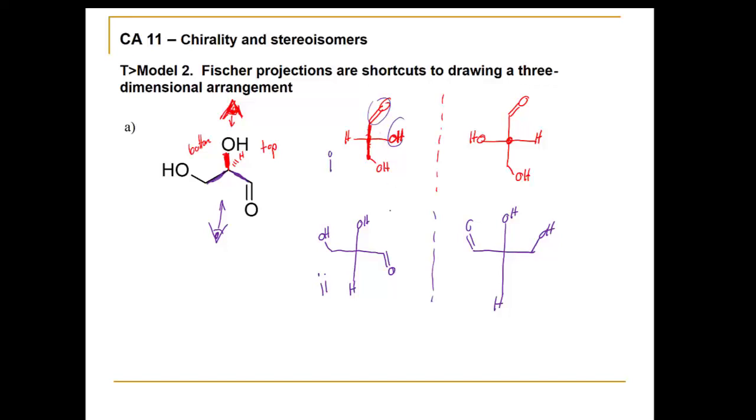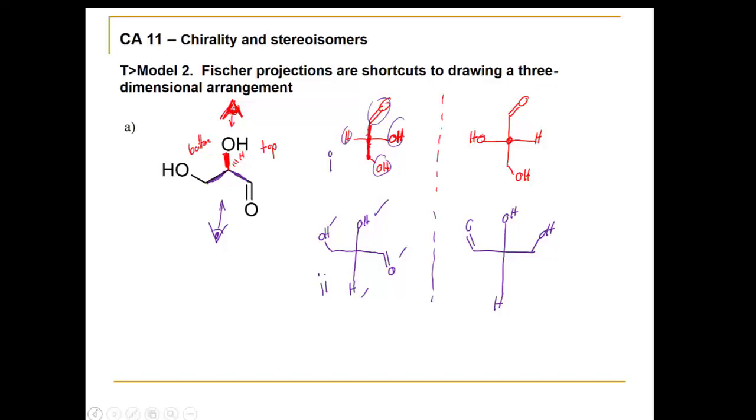So I'll switch those 2 positions and I end up with this and this. But that's not the only thing that happened. What happened also is that this and this got switched, and then I end up with this and this. So in order to interconvert between 1 and 2, you need to do 2 sets of switches. And if you're doing 2 sets of switches, of course, you end up with the identical molecule. So that's our first attempt at drawing Fischer projections and the corresponding enantiomers.